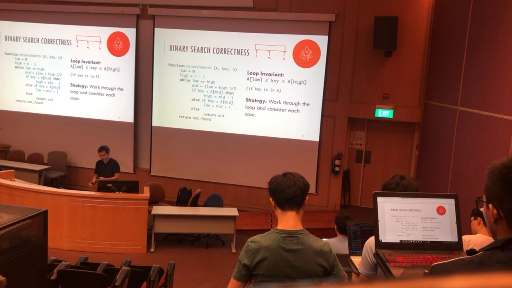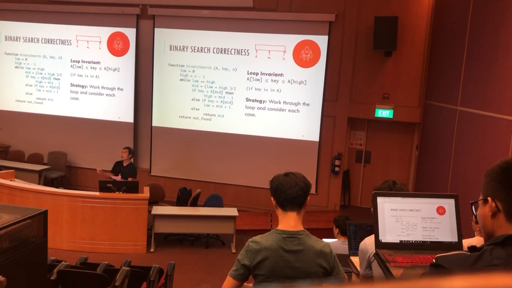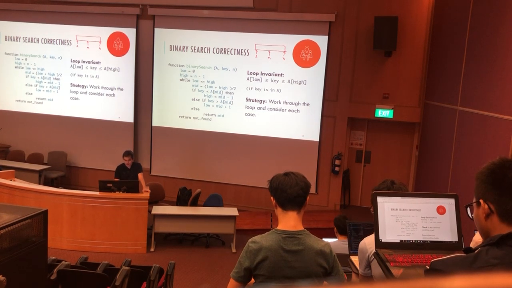Yes, sorted. Okay, time's up. Let's talk about this and work through it together. It's not very hard, just a little bit tedious. Let's look at these conditions one by one. You have low, high, and then you have the midpoint. Let's take the first if.